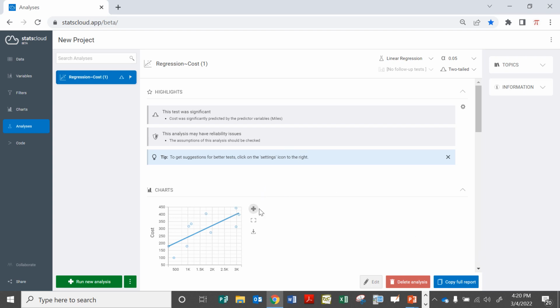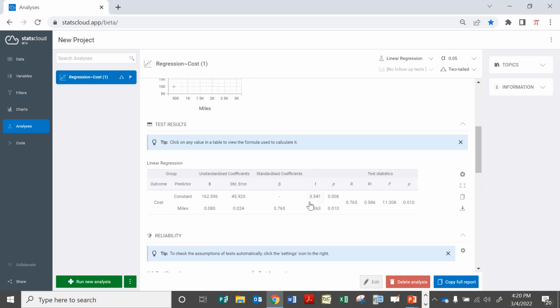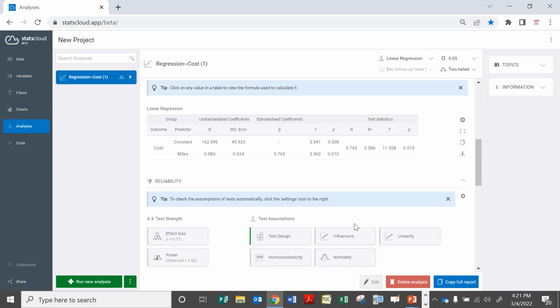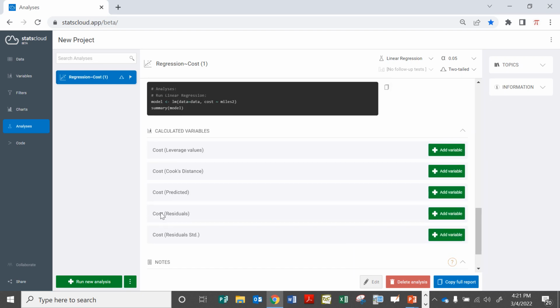So I run my analysis. There's a scatter diagram with a line going through it. And then down here gives me the information about what the equation of the line is, along with some other information. And then also, if we want a residual plot, remember the way we produce that is you scroll way down to the bottom. And when you look at cost residuals, you click add variable.